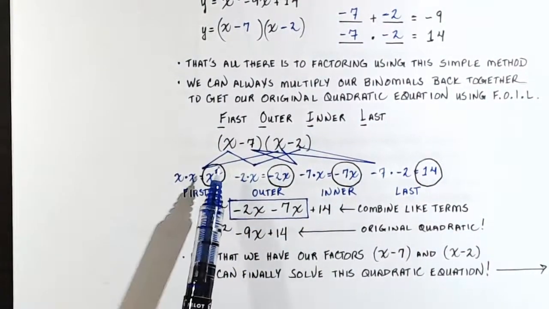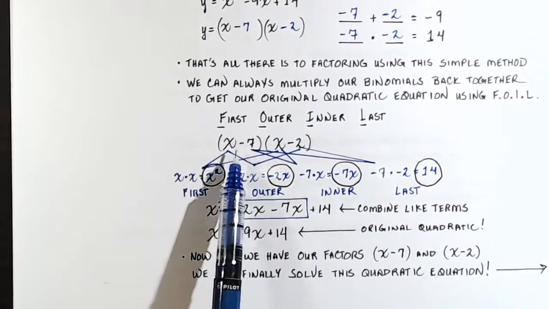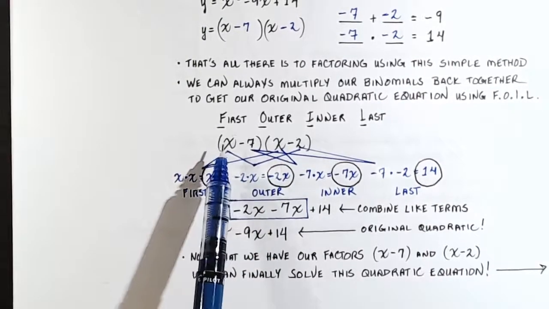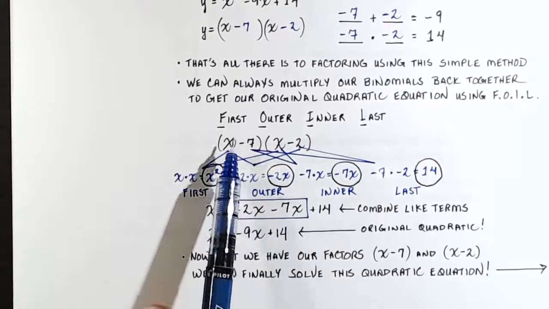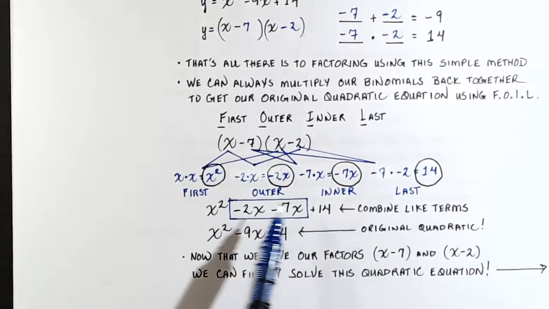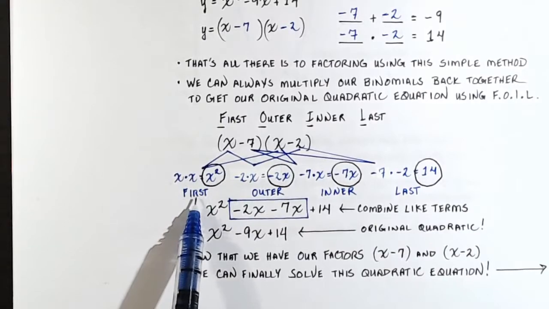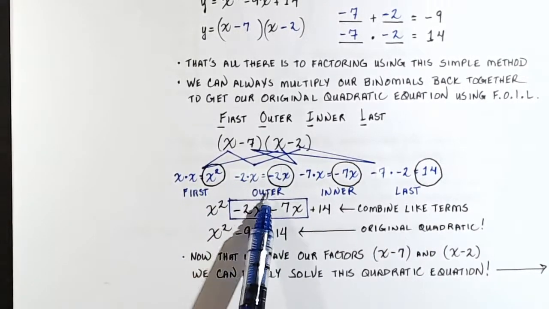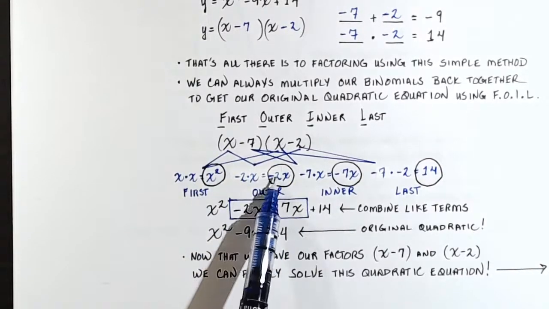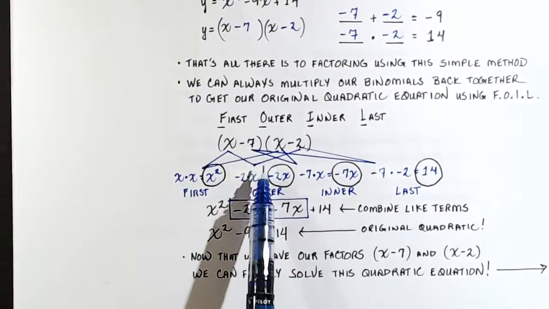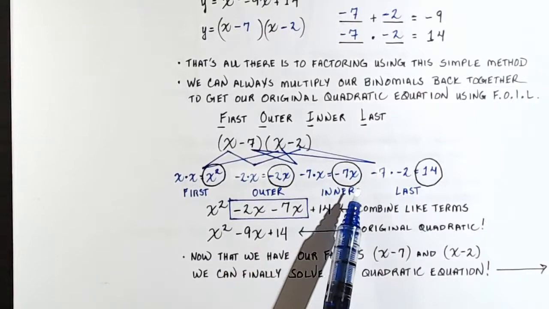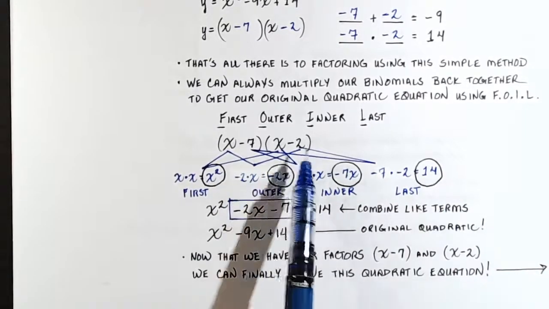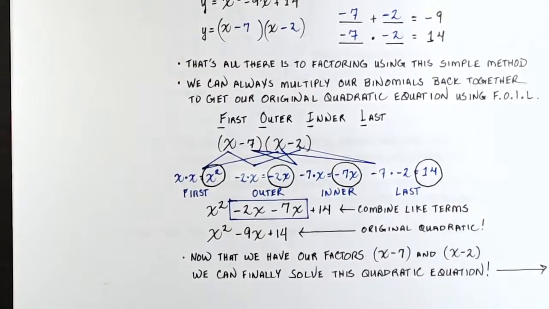I've taken our two factors, x minus 7 and x minus 2, and applied FOIL to them. First, x times x is x squared. The outer term, negative 2 times x, is negative 2x. The inner term, negative 7 times x, is negative 7x. Finally, the last term, negative 7 times negative 2, is positive 14.